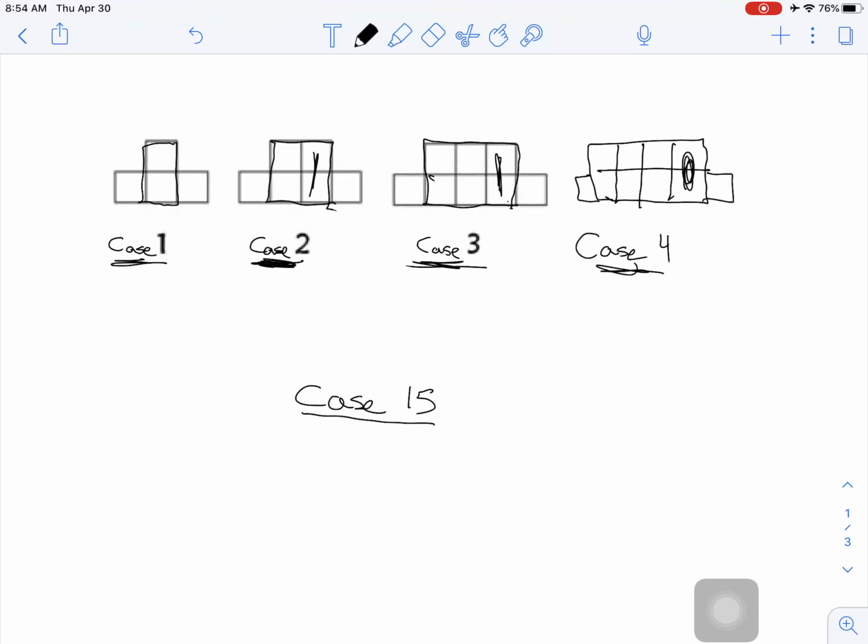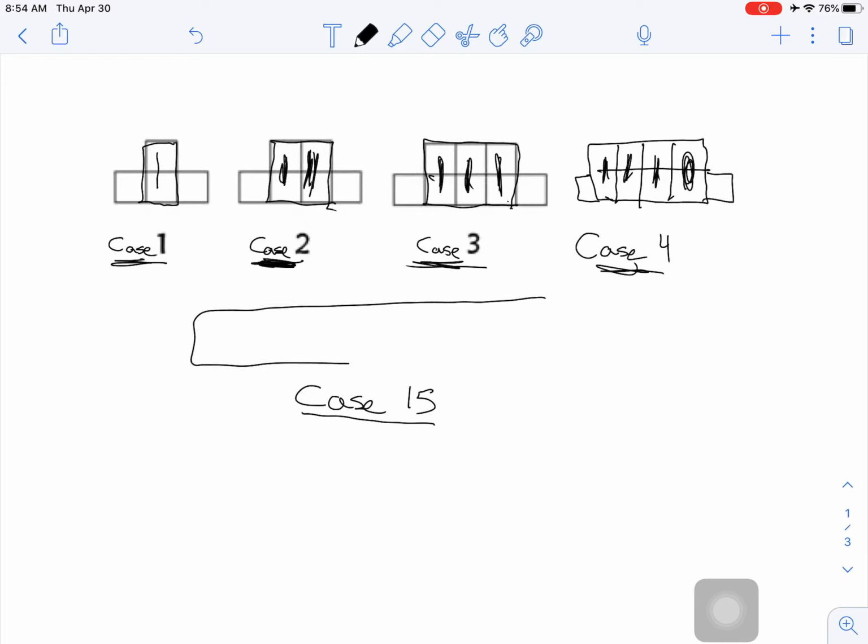In case 1, there's 1 two-block here. In case 2, there's 2 two-blocks. Case 3, there's 3 two-blocks. Case 4, there's 4 two-blocks. And case 15, what do you think? How many of these two-blocks will case 15 have? Yeah, it will have 15 two-blocks.